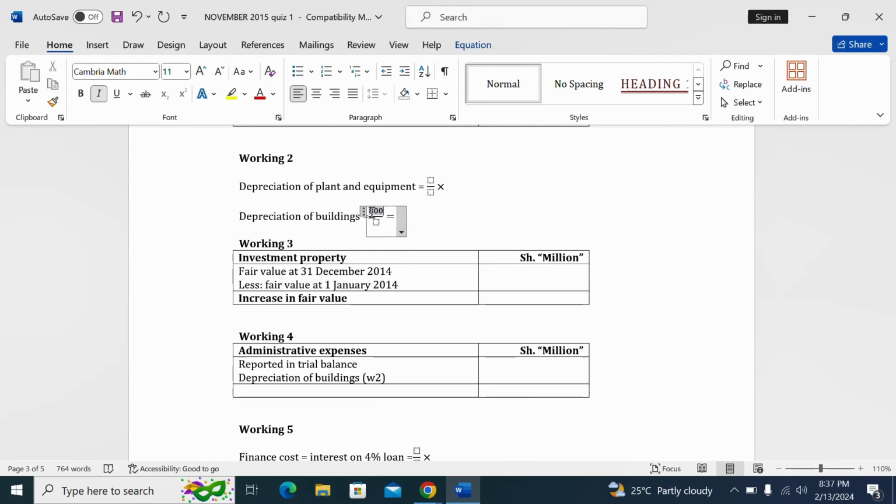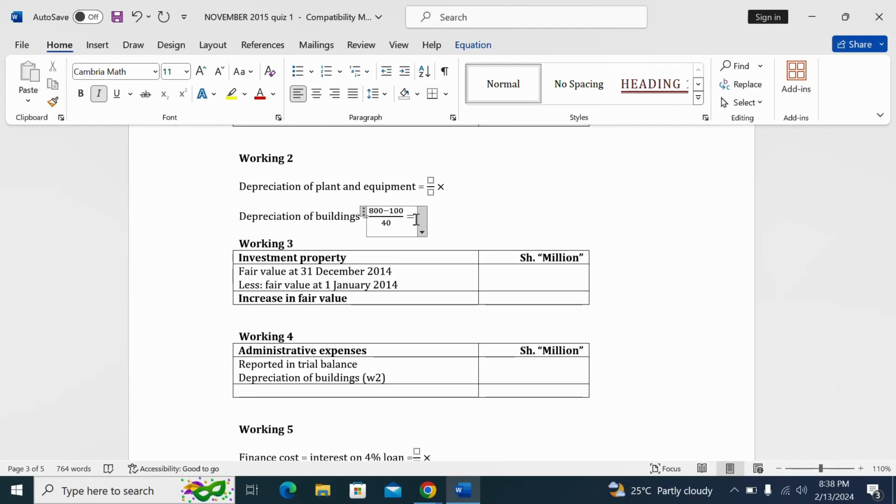That is the total fair value or the revalued amount of buildings including land. Therefore, we are going to deduct the value of land, 100 million, because remember the land is usually not depreciated. And then we divide by the useful life of 40 years to get our depreciation. 800 minus 100, you divide by 40.